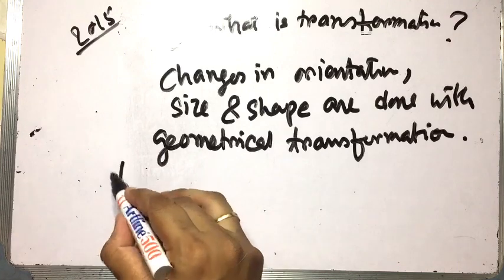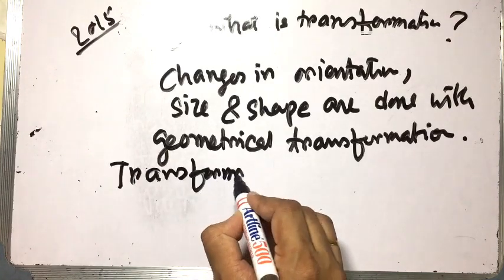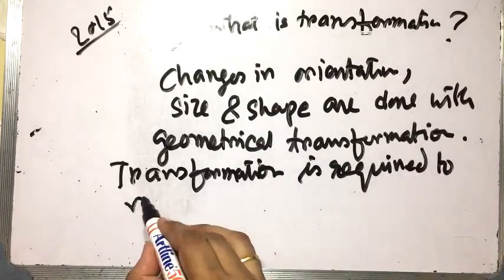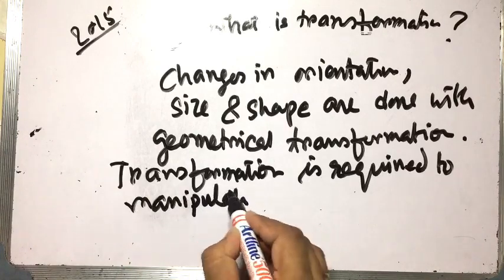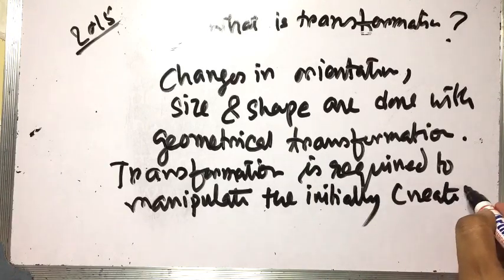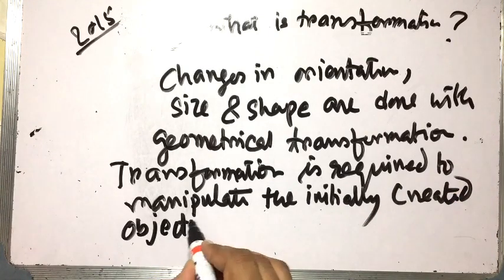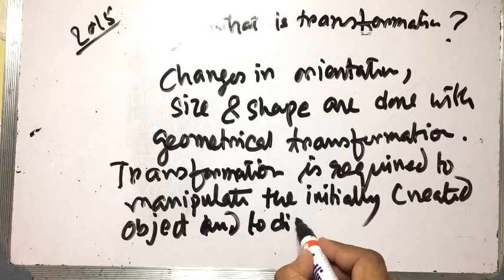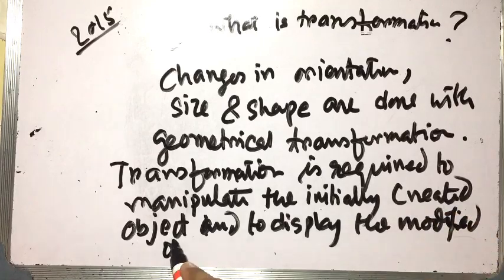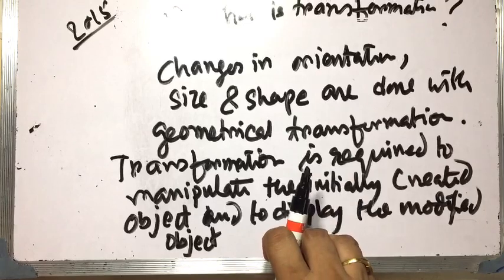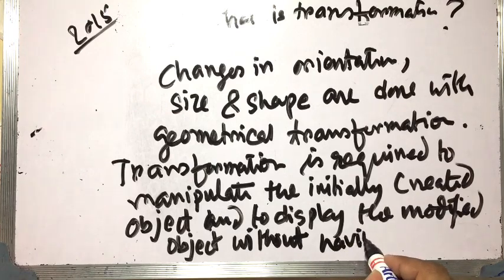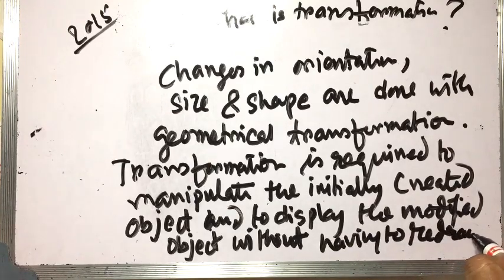Why is transformation required? Transformation is required to manipulate the initially created object and to display the modified object without having to redraw it.